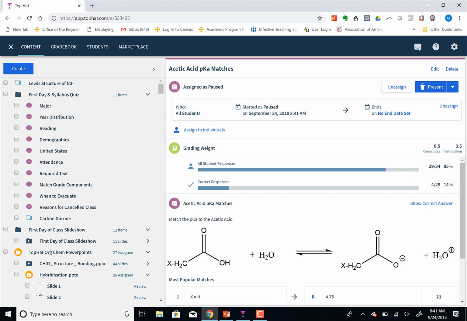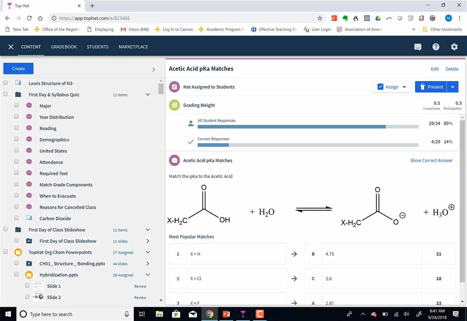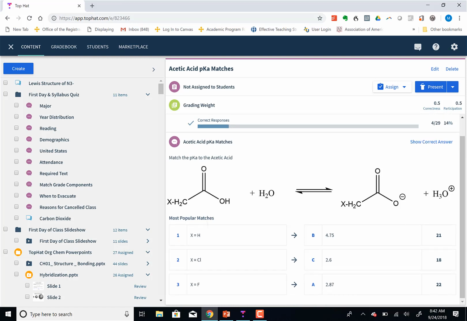Oh, that's not good. That's okay. So we have 14% correct. Right. So really, I'm asking you which one's the strongest and which one's the weakest. So which one did you think is the strongest?